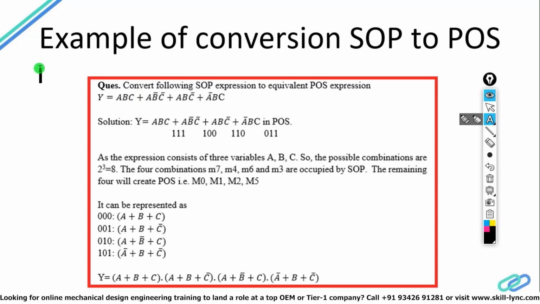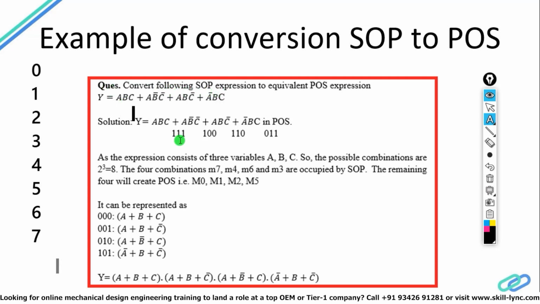If 3 variables are there, the possible combinations will be 2 to the power n, that is 2 to the power 3 equal to 8, starting from 0 to 7. These are the possible combinations of the 3 variables. Now let us see the values of ABC, A B bar C bar, ABC bar and A bar BC.